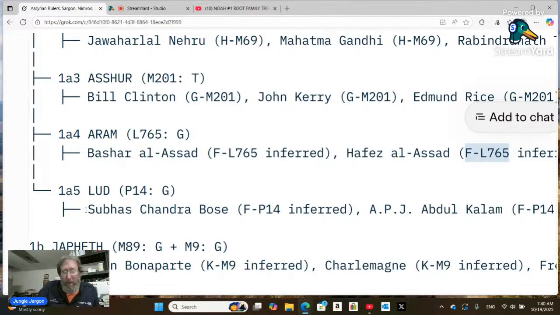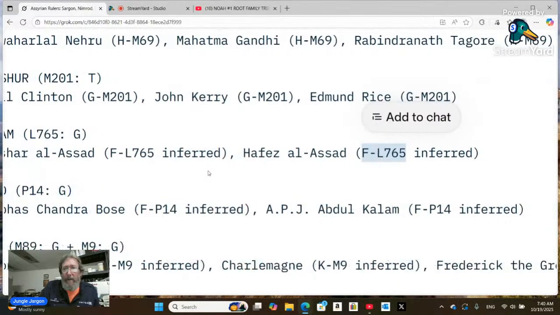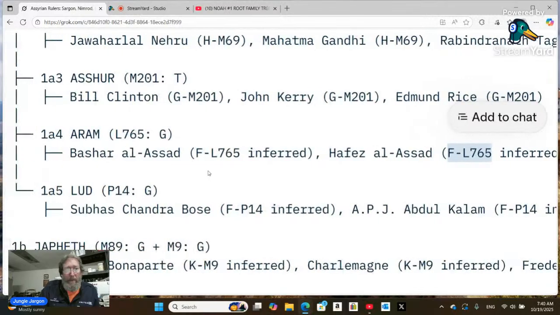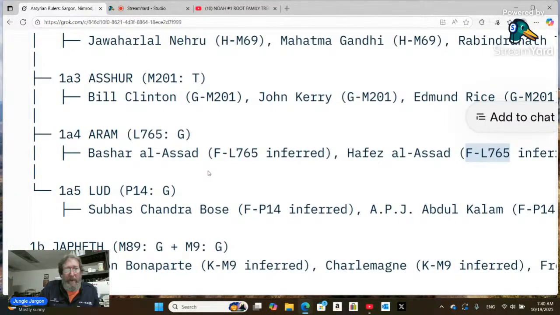This is more towards India, where we got Abdul Kalam and Subhas Chandra Bose, FP14, which are two different lineages. They're supposed to be two different lineages. So that's not too bad.